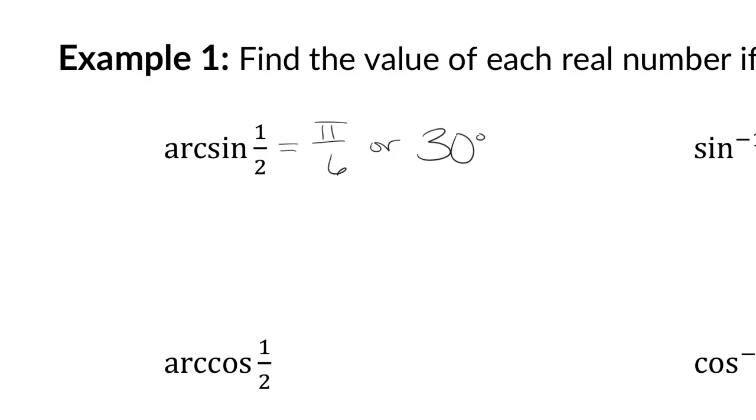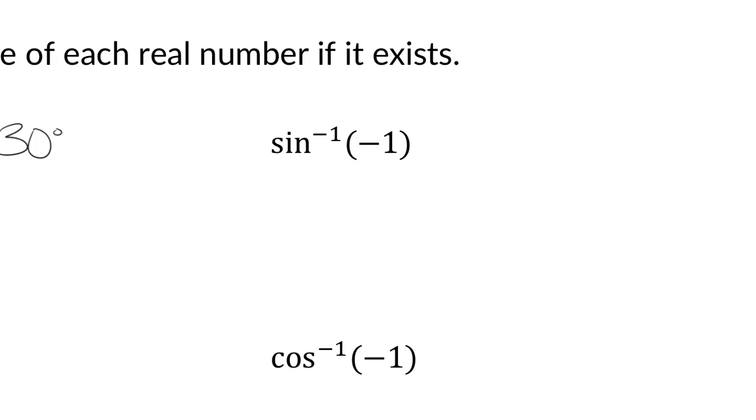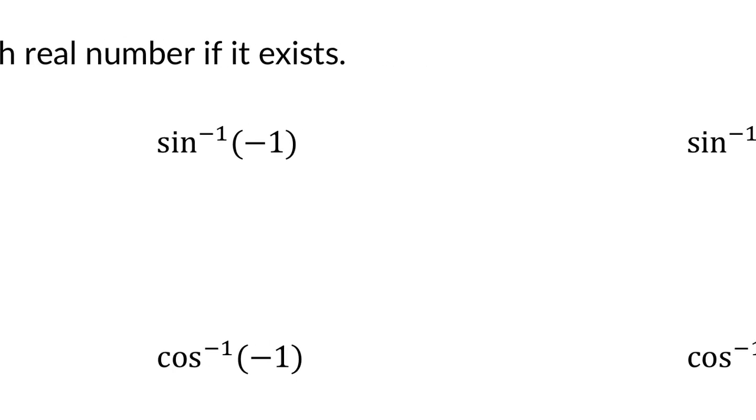Can we try another one? What is inverse sine of -1? So again, we're looking just in these two quadrants for -1. 270 degrees, which is 3 pi over 2. You're looking in the correct spot, but that is not the correct answer. Negative pi over 2.